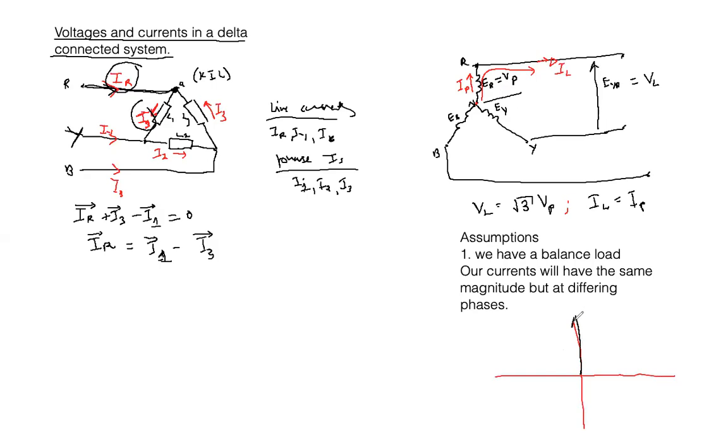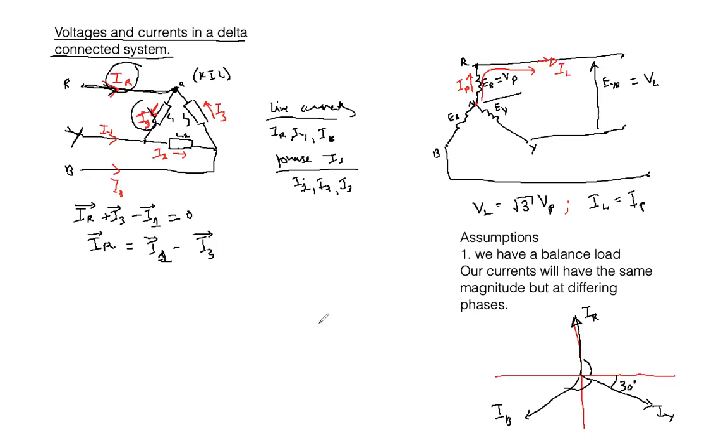Remember we said R is leading here, so IR will be there leading, and behind IR is IY, and behind IY is IB. We say this is 120 degrees, 240 degrees, but this angle here will be 30 degrees. Yeah?